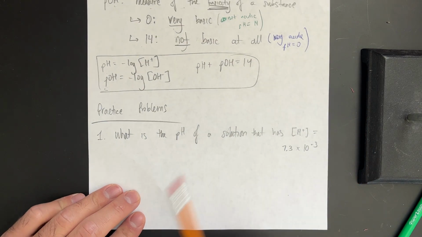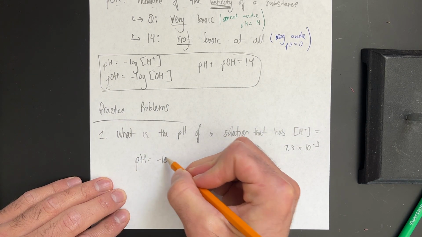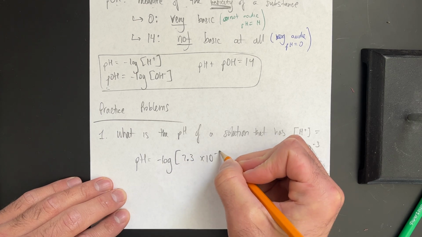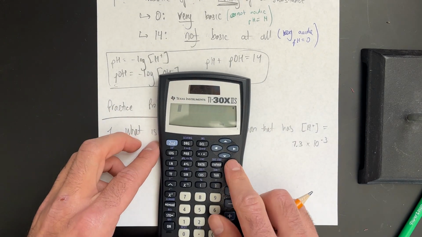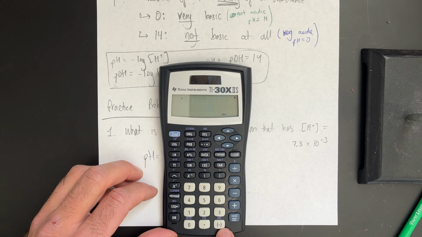Simply put, to calculate the pH, all you have to do is do negative log of this, 7.3 times 10 to the negative 3. This is log base 10, by the way, which is just a default in here. And so to do this, you put a negative sign. Okay, don't do a minus sign. You'll get an error probably, especially if it's an older calculator.